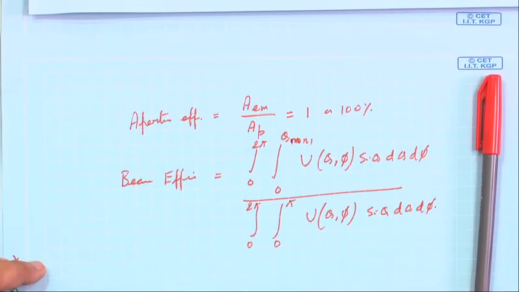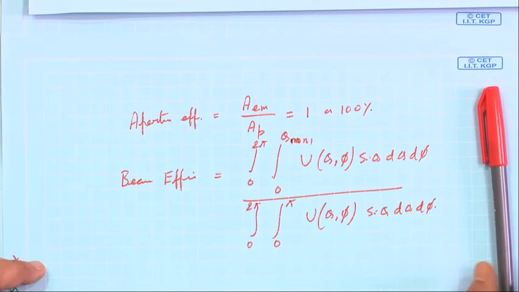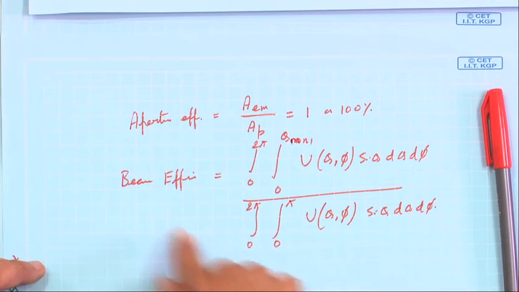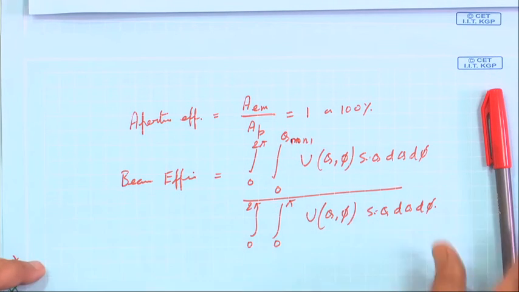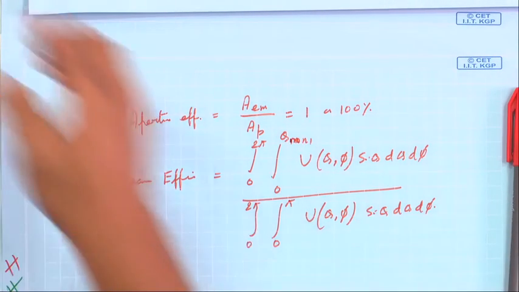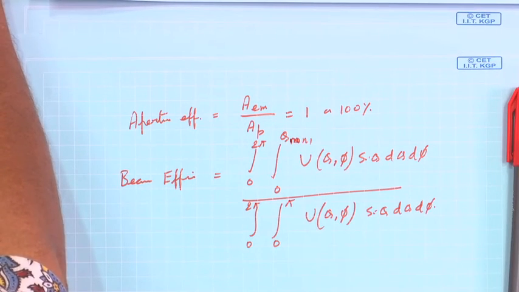So, radiometry, radio astronomy, radar, etc., require very high beam efficiency, near about 100%, so that noise in the side lobes, etc., is reduced.